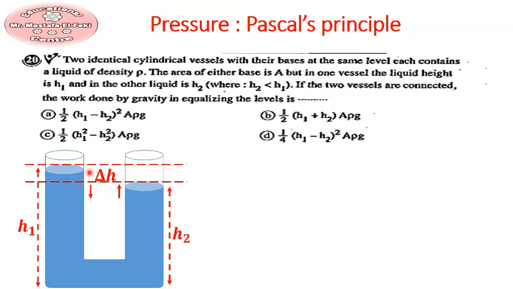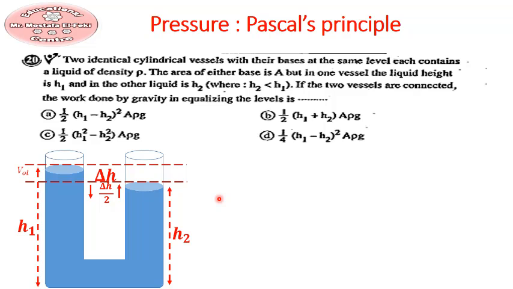To equalize the level of liquid in the two branches, the level will decrease on one side and increase on the other side, so delta H will be divided by 2.